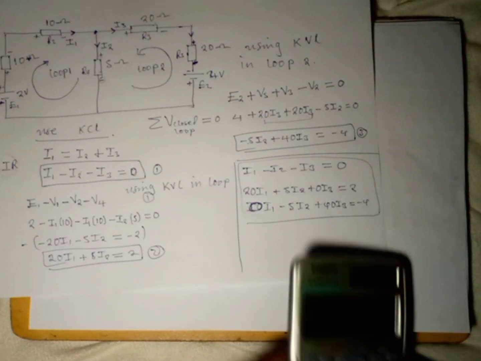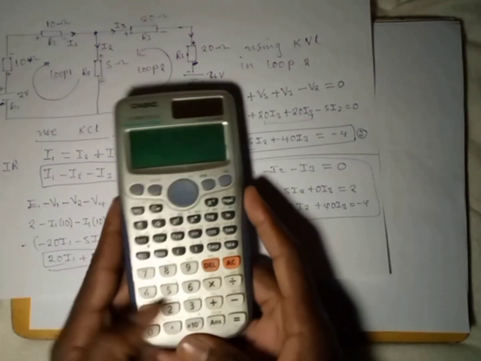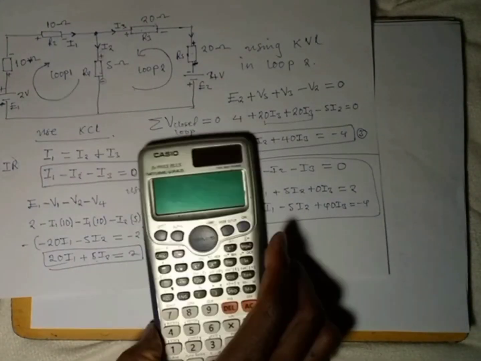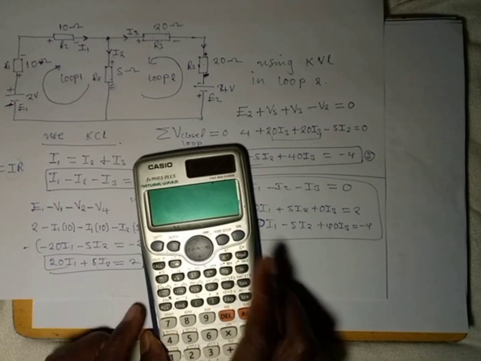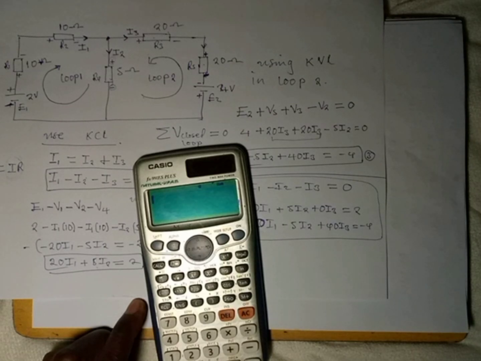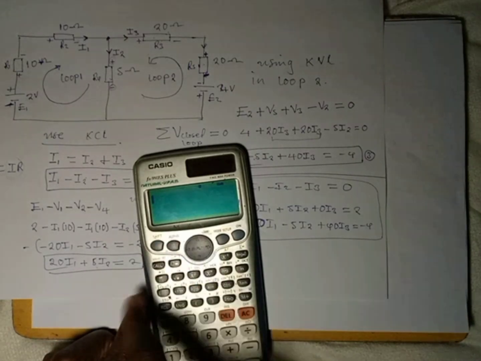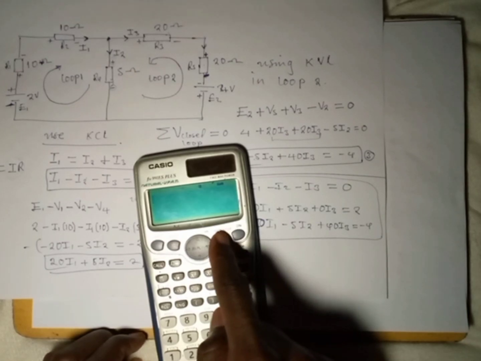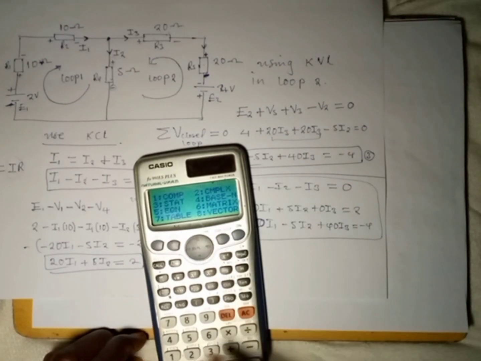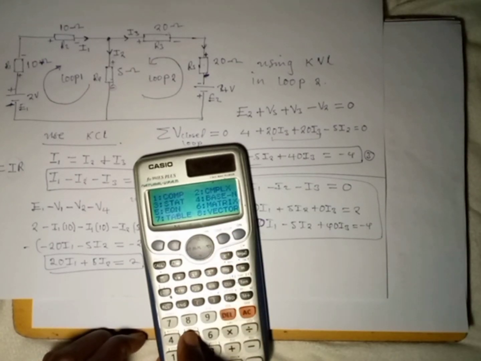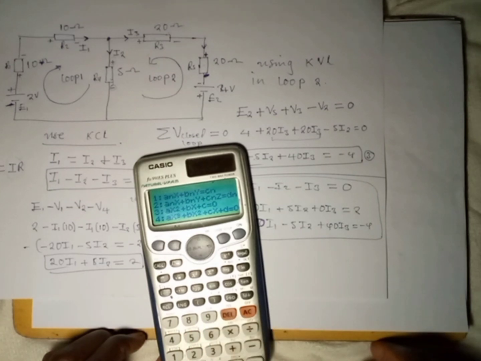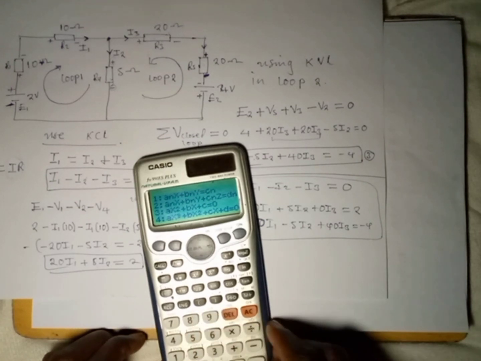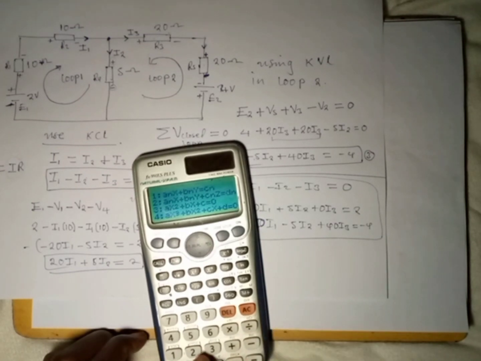Okay, get your calculator. Probably I'm talking about this kind of a calculator. If you get this kind of a calculator, switch it on, go on 5 where it is written equation, then go on second position, the one which is having 3 by 3 matrix.